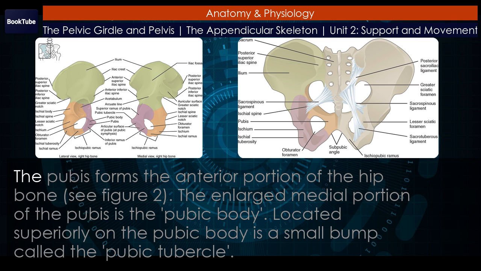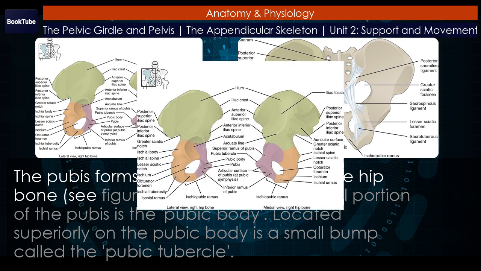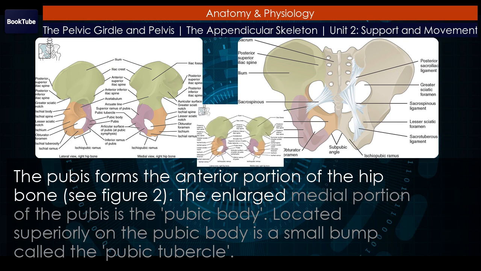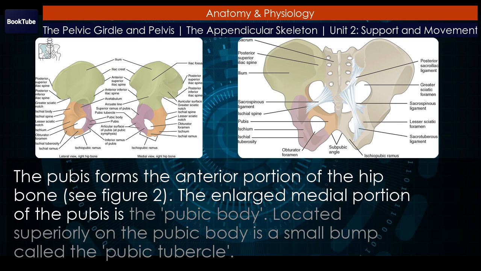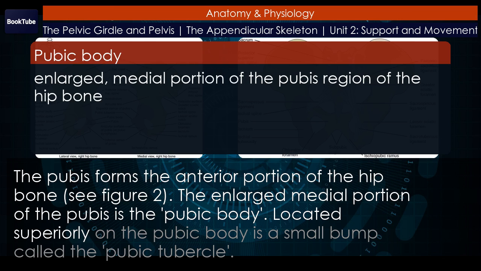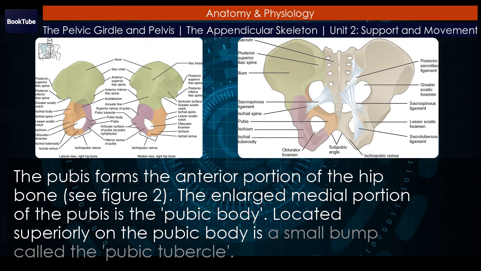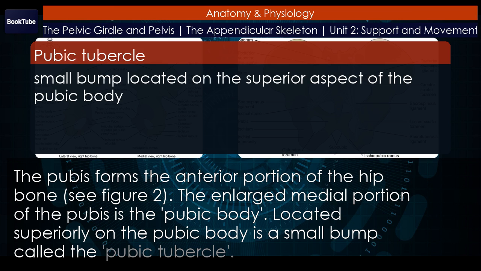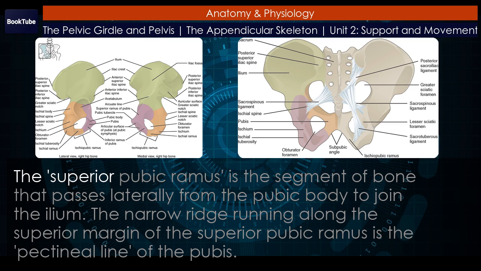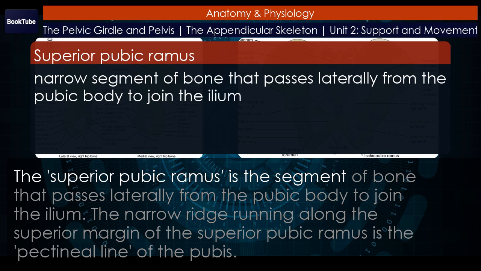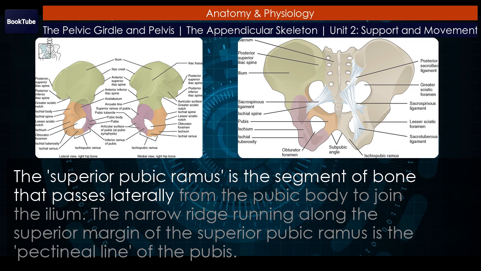Pubis. The pubis forms the anterior portion of the hip bone. See Figure 2. The enlarged medial portion of the pubis is the pubic body. Located superiorly on the pubic body is a small bump called the pubic tubercle. The superior pubic ramus is the segment of bone that passes laterally from the pubic body to join the ilium.